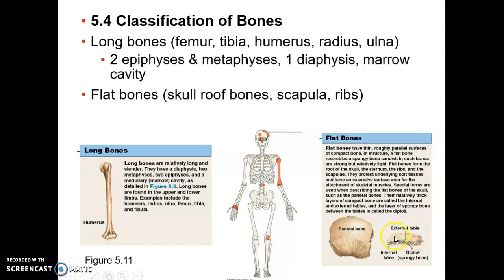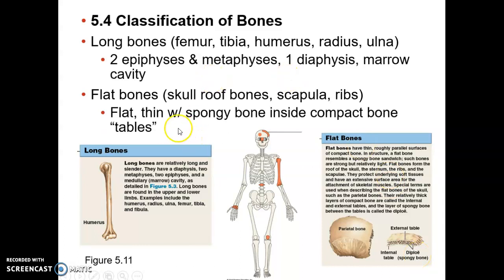Flat bones have an outer layer of compact bone, an inner layer of compact bone, and internally just spongy bone that's referred to as the diploe. So they're thin, flat bones with an inner compact bone structure.